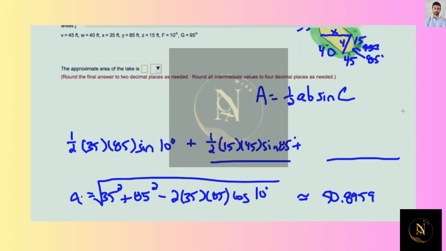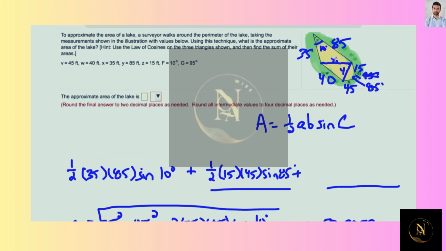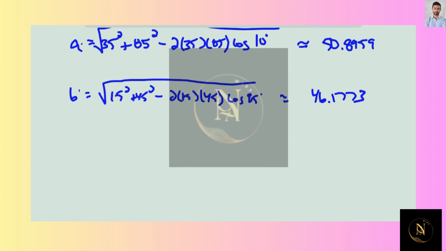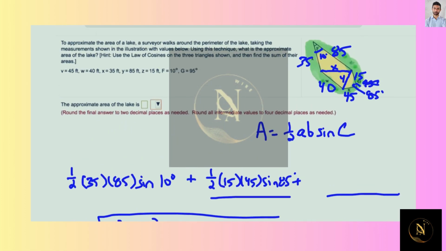All right, so now we know all three sides of the triangle. And let's use the law of sines to figure out, no, actually we're gonna have to do the law of cosines again to find the included angle.